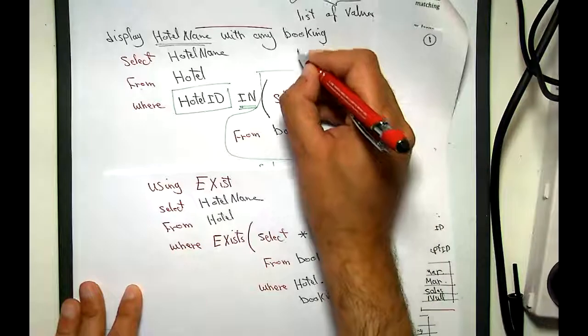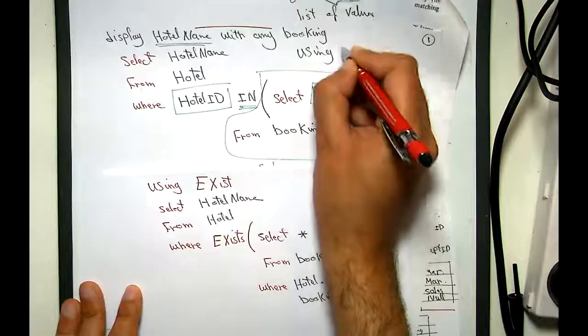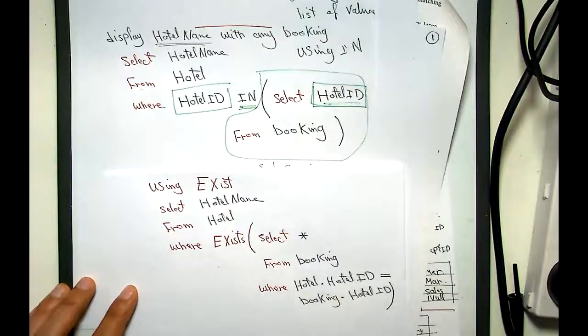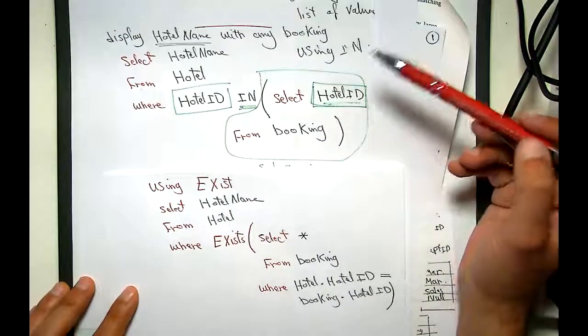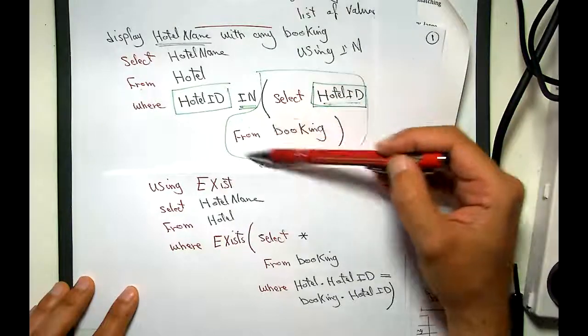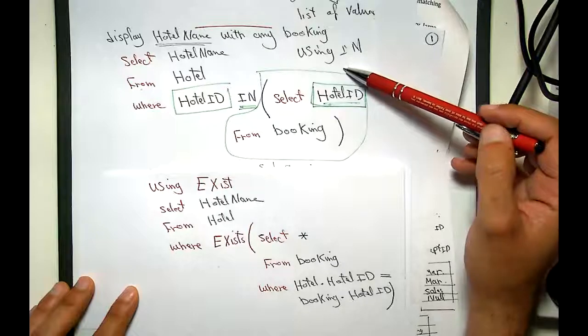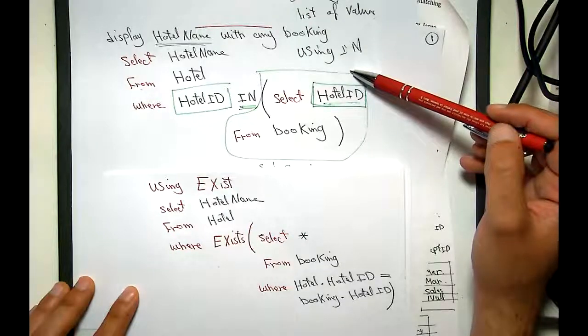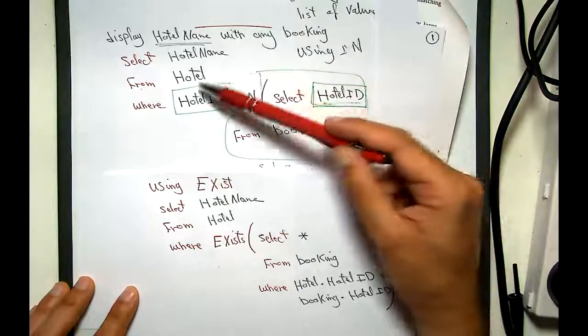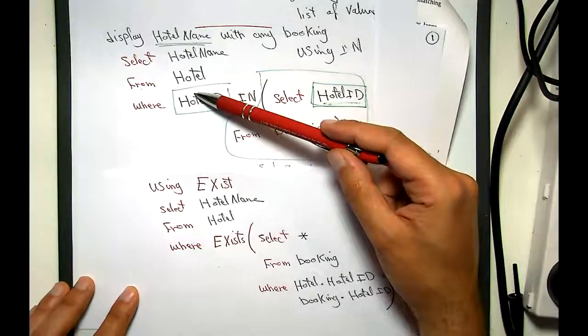So the main difference is, number one, using in, the subquery will be executed completely first, with no relation with the outer query, and then the outer query will be executed later.